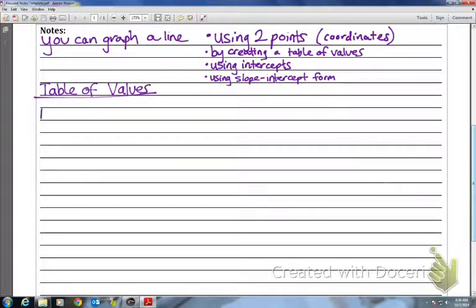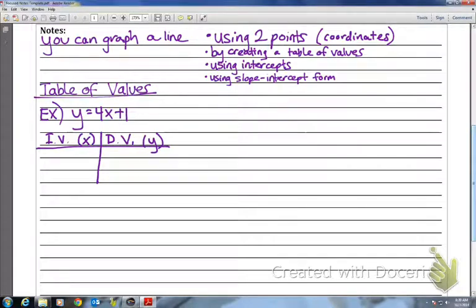So for example, if I was given the equation y equals 4x plus 1, and I needed to create a table of values, I would put the independent variable, IV, which in this case is x, in the first column, and then the dependent variable, DV, which in this case is y, goes in the second column.